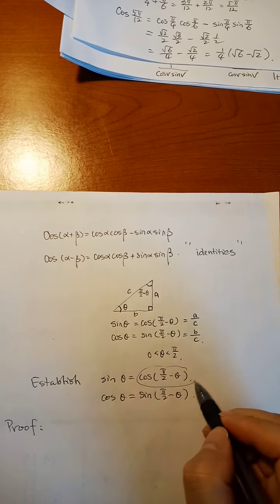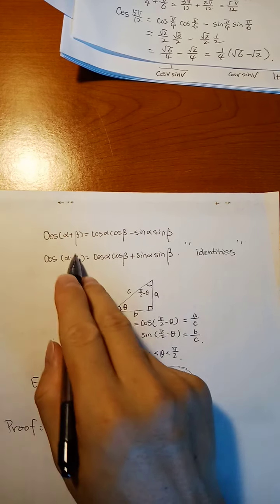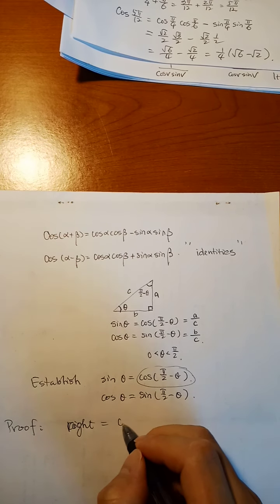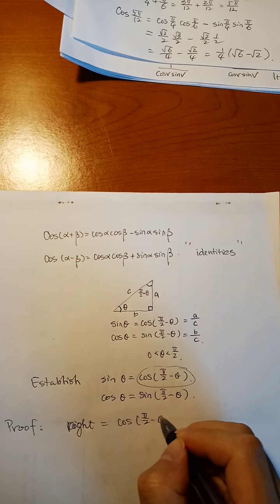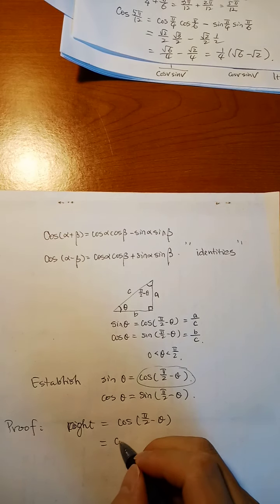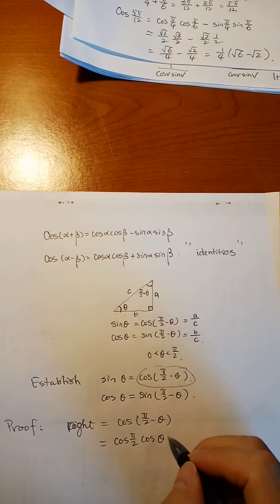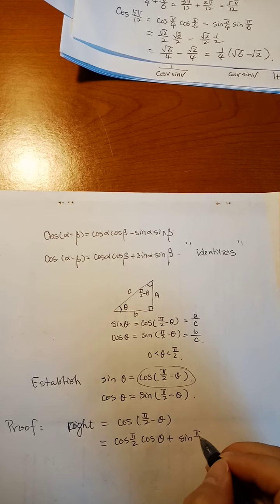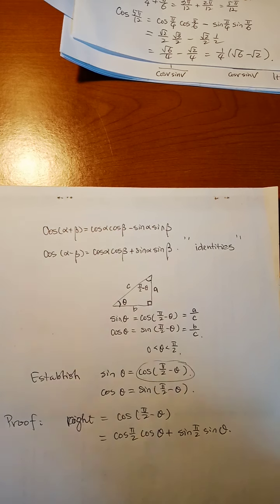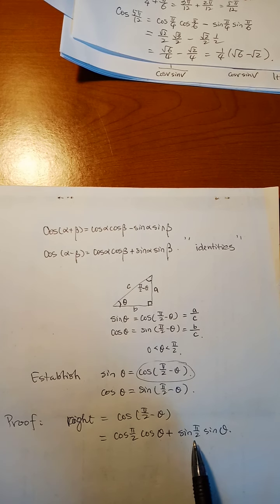you have this cosine. Okay, well, we start from the right hand side because so far we only know cosine. So the right hand side is cosine of pi over 2 minus theta, with alpha and beta. So follow the formula: it's cosine pi over 2 cosine theta plus sine pi over 2 sine theta. Right? So alpha minus beta: cosine alpha cosine beta plus sine alpha sine beta.